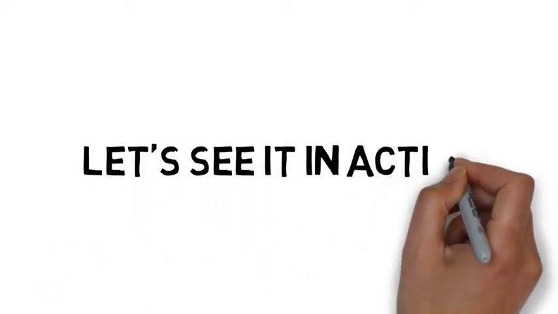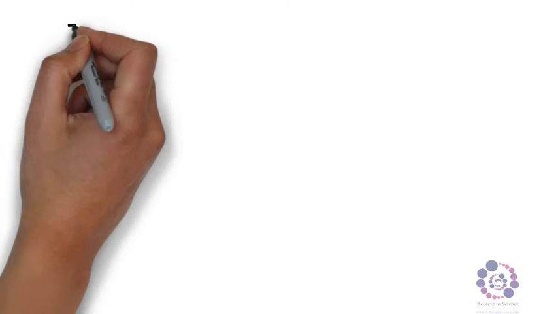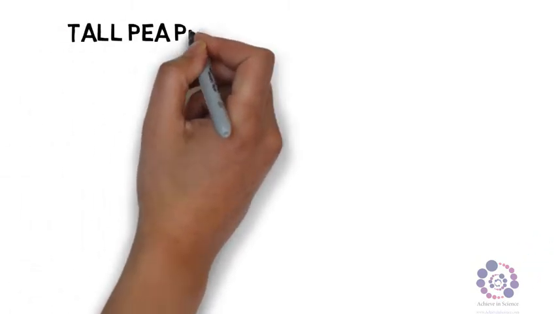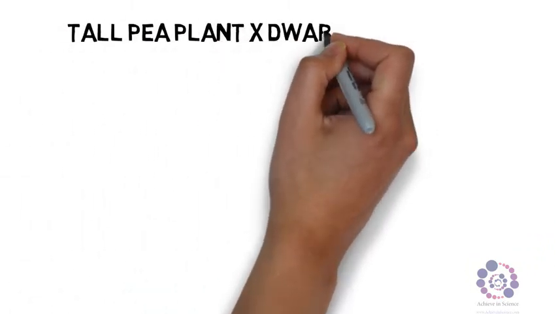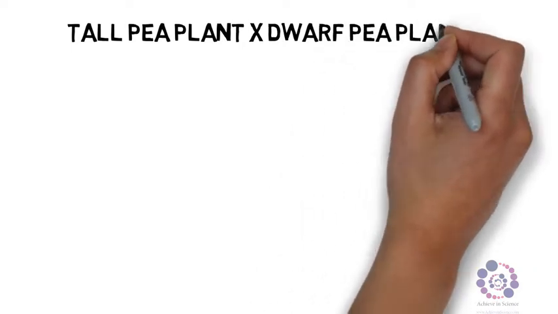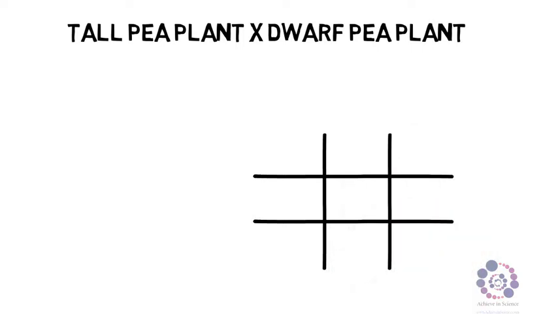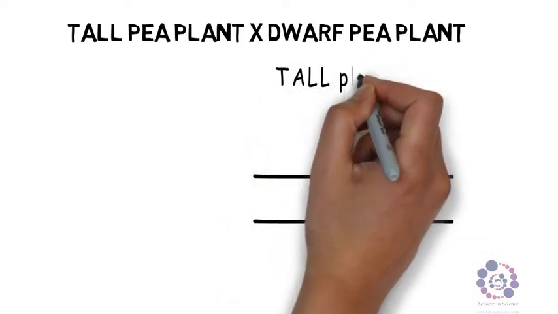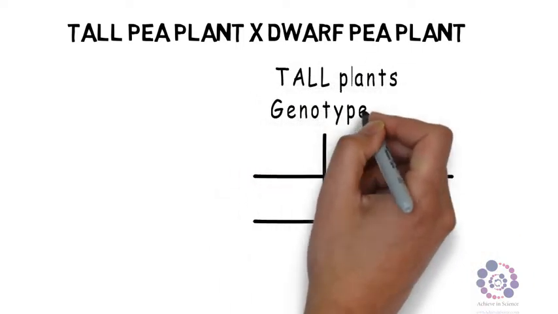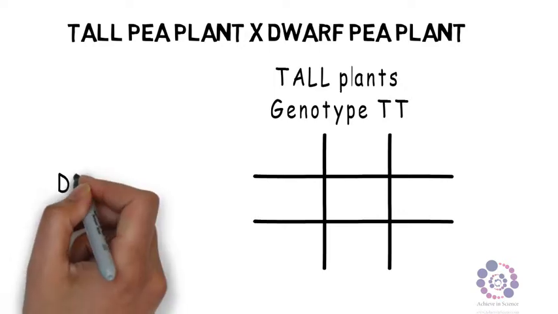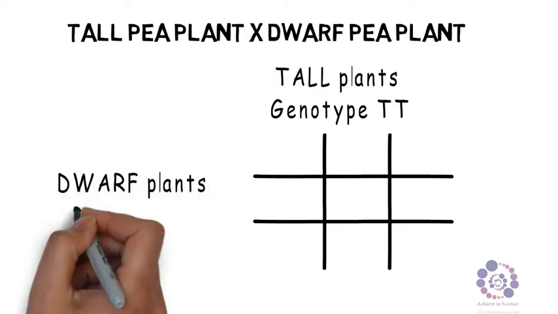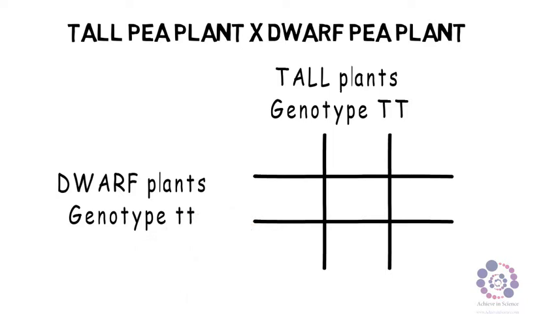So the first experiment. If we took a tall pea plant and crossed it with a dwarf pea plant, and the tall pea plant had the genotype TT, both capital letters, so double dominant, homozygous. And then we took a dwarf pea plant, which has the genotype of lowercase t, lowercase t, so homozygous recessive. We then put it into a genetic cross, a Punnett square.